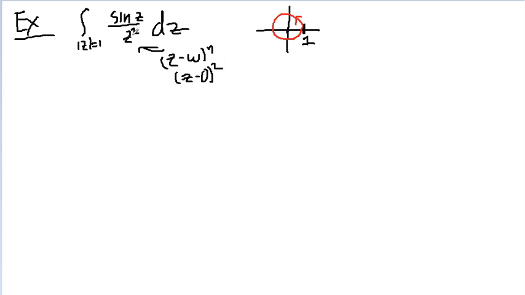You get to use Cauchy's integral formula if you just have z minus w to the 1. You have to use a modification of it if you have z minus w squared, cubed, etc. So we're going to use a modified version.